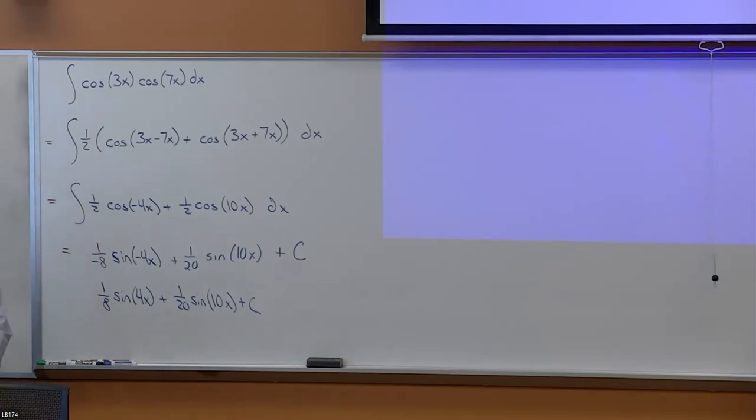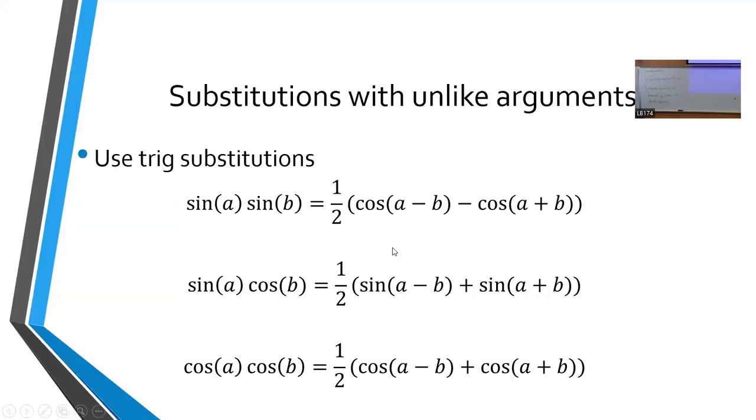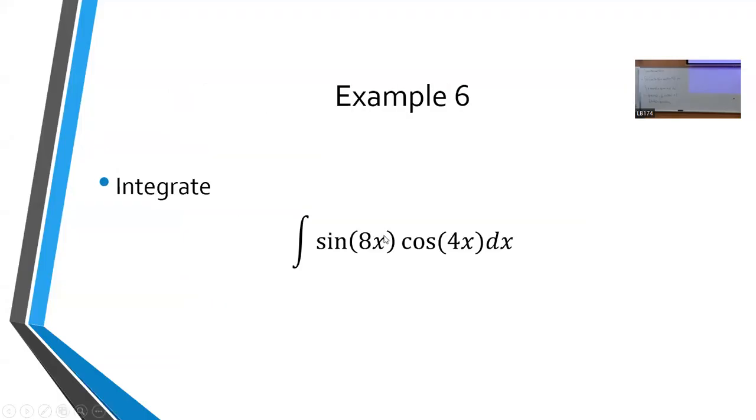All right. Let's do one more of that type. So I'll write this down on the board, and then I'll flip back to the trig identities that we're gonna need.